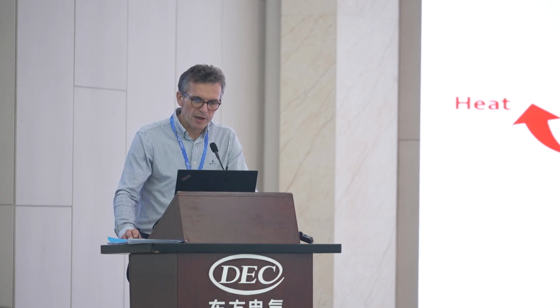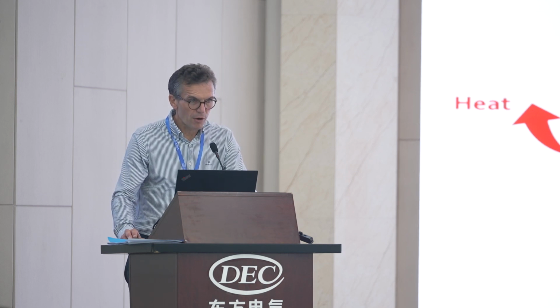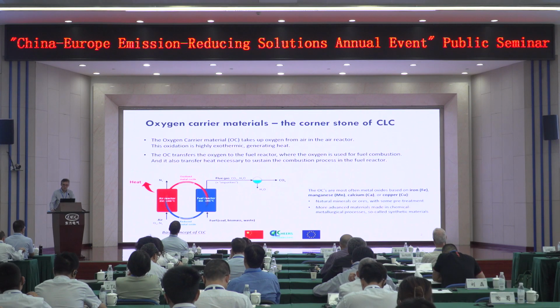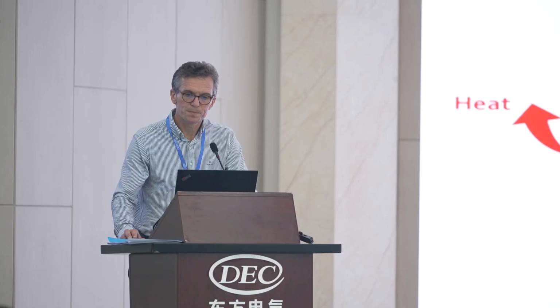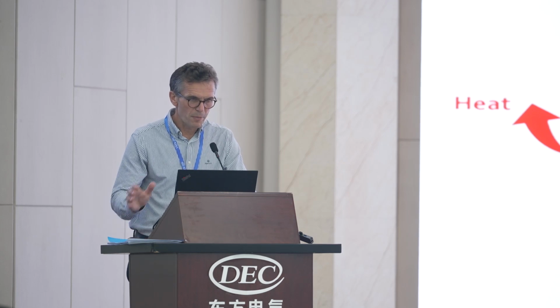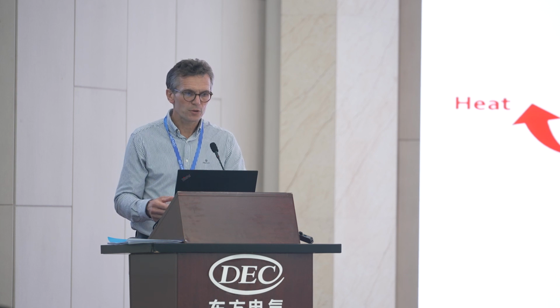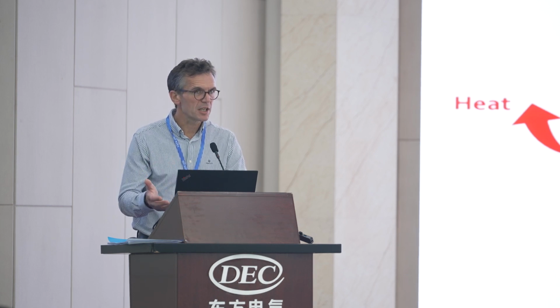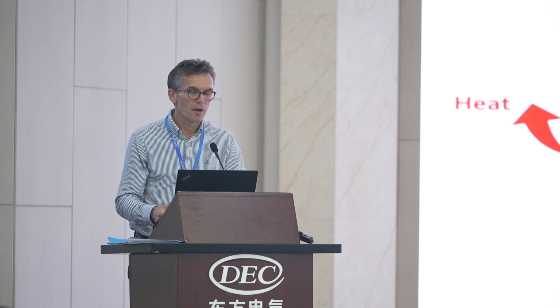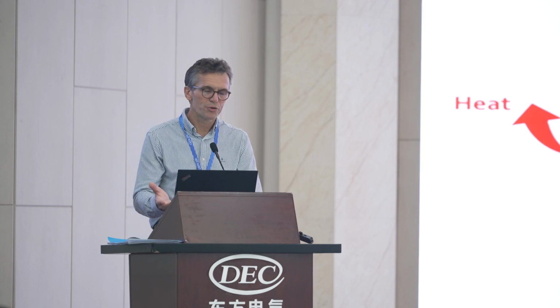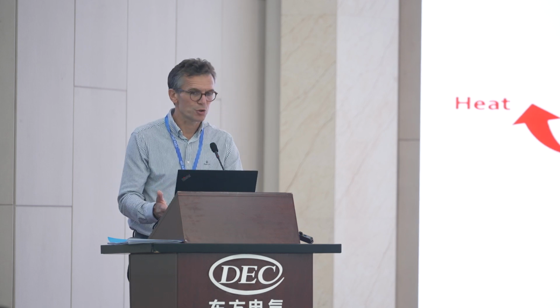These oxygen carriers are mainly made of metal oxides from iron, manganese, calcium, and copper. Nickel has also been used. They can be of two main types: natural minerals or ores that you can find more easily and less costly, and you have to do some treatment, but not so much.